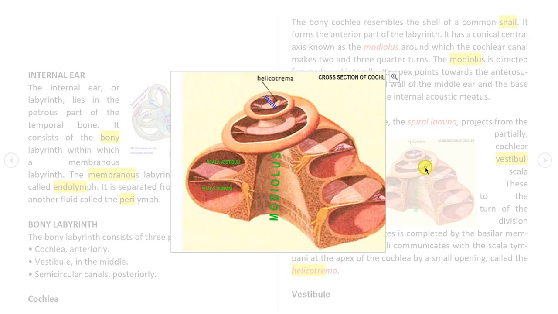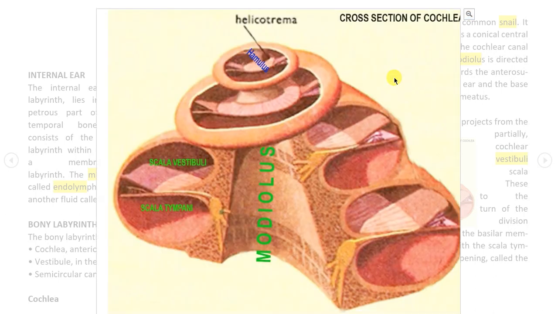Now if you see the cut section of the cochlea, this is the cut section of only the cochlea. We have seen the upper opening is called scala vestibuli, the lower opening is called scala tympani. Now this is the 2.75 turns of the cochlea.